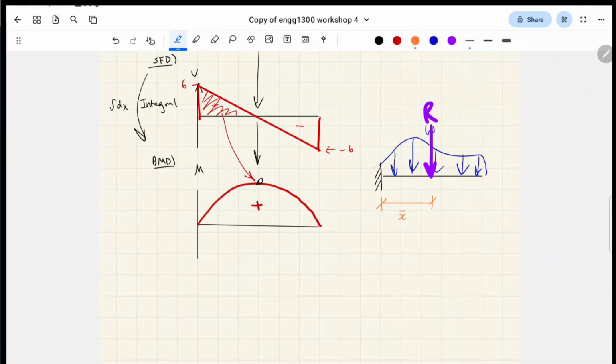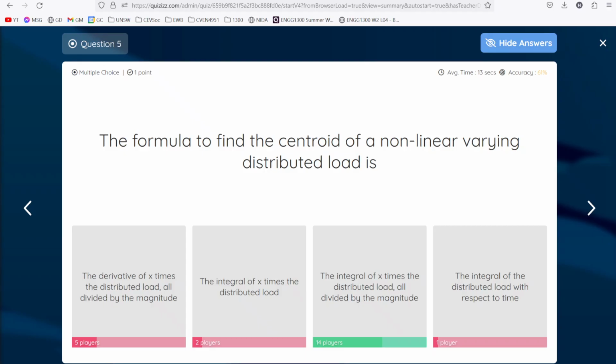And we can describe it from, for example, if we call this point O, some of the questions might say, from point O, how far is it to the centroid of the varying distributed load, right? Yeah, that's what we're talking about. And so, yeah, it's basically that formula there.